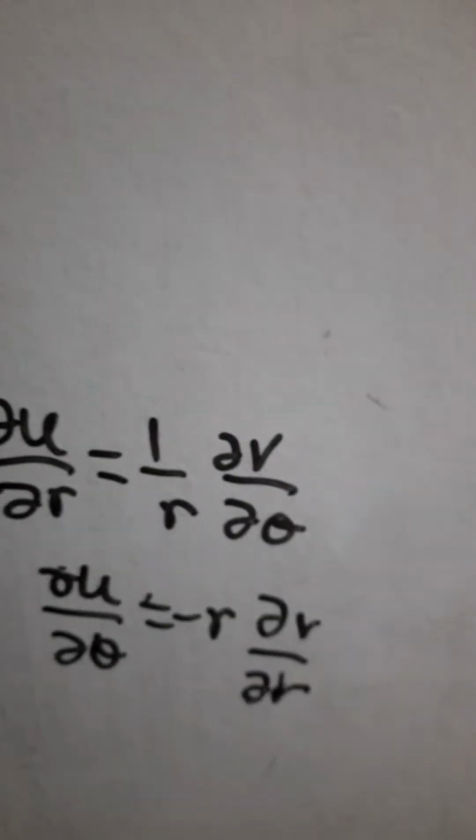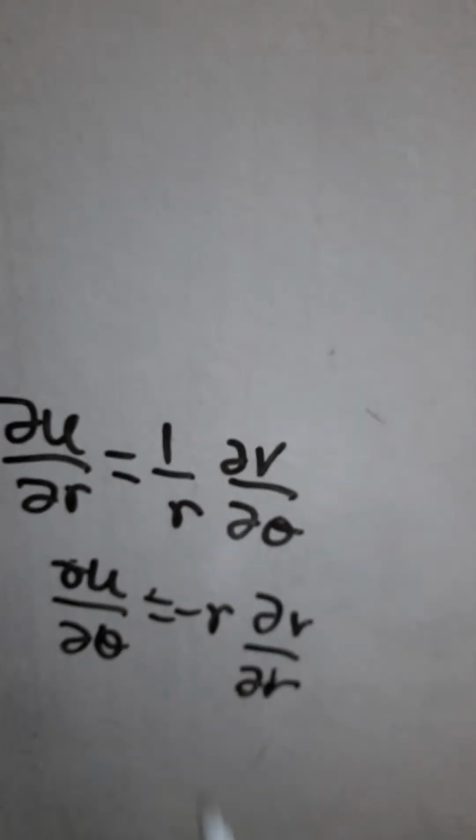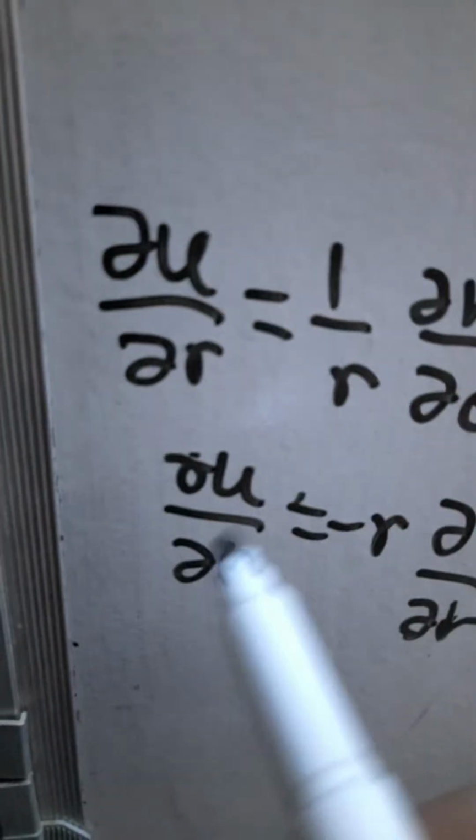But here, in this polar form, the CR equations also change. So it is del u by del r equal to 1 by r del v by del theta, and del u by del theta equal to minus r del v by del r. So the v terms we don't have, we only have u terms.